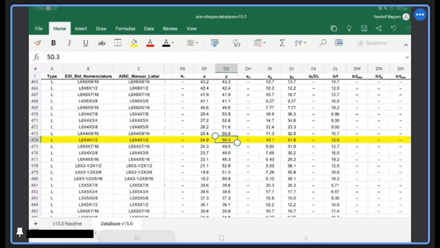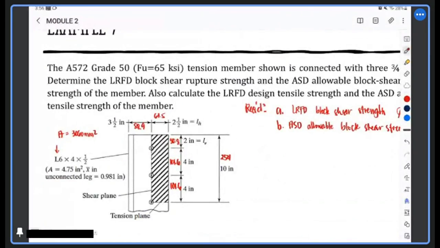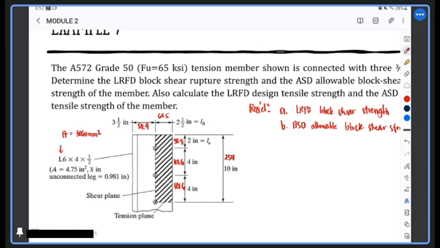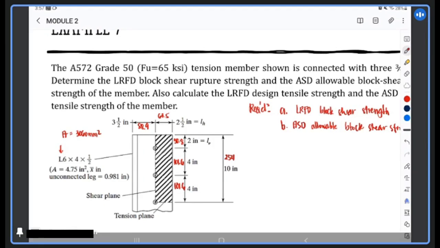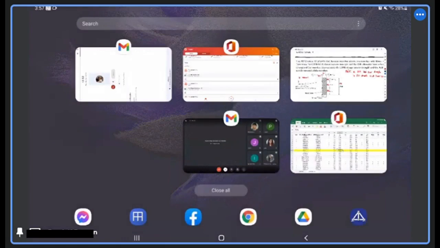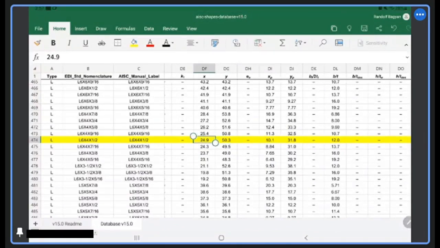Saan dyan? Okay, let's look at it. That's along the X bar, 0.981 inch. So, eto yan siya. 24.9 mm.